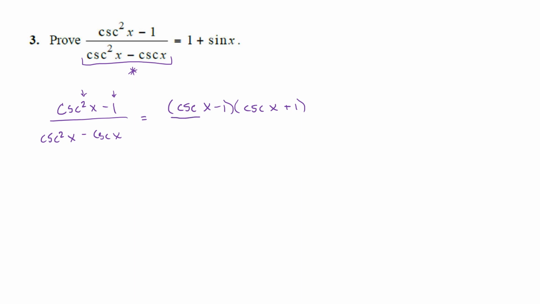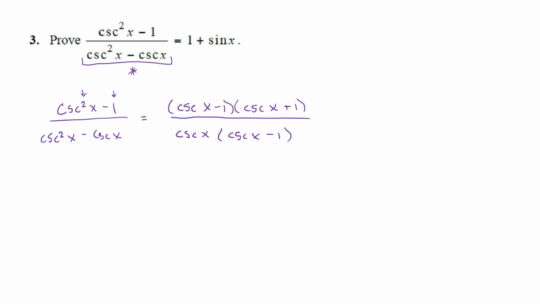Okay. And that's going to be divided by, okay, in the denominator, I have two terms where I can factor out a cosecant x. So that will give me cosecant x minus 1 in parentheses.